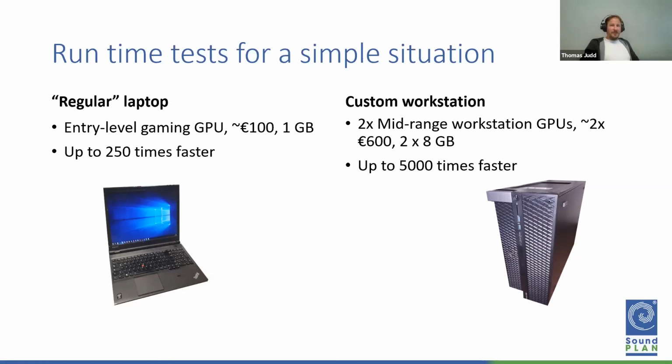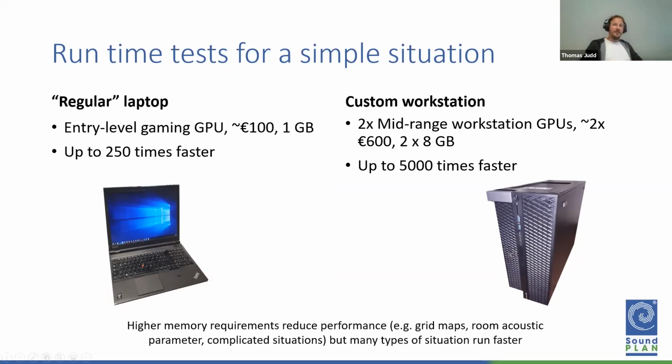Before everyone gets too excited, I must stress that I used that example to flatter the system to a certain extent and show what might be possible. In reality, if you're doing room acoustics, you generally have much heavier memory requirements than that simple situation I showed you there. And the thing about GPUs is they don't like it so much if you're memory heavy. At that point, you have to start making compromises with the parallelization.